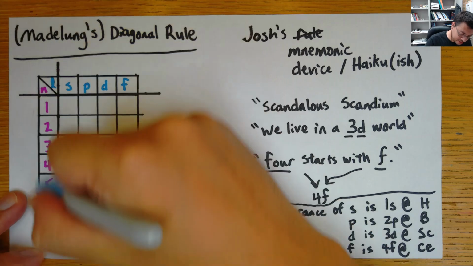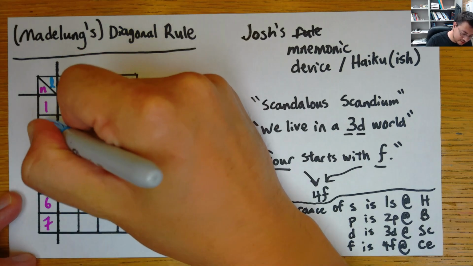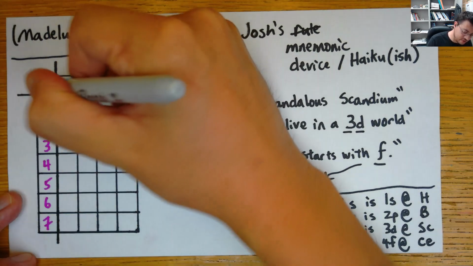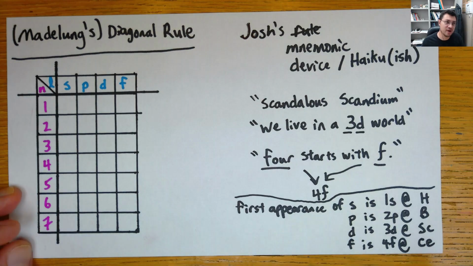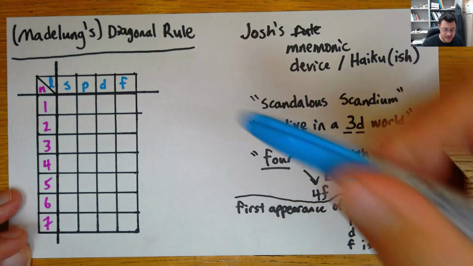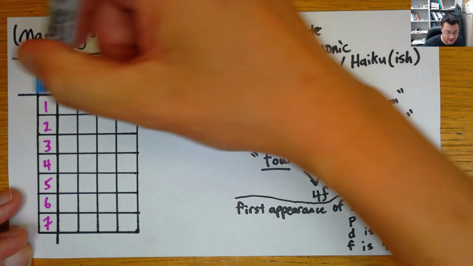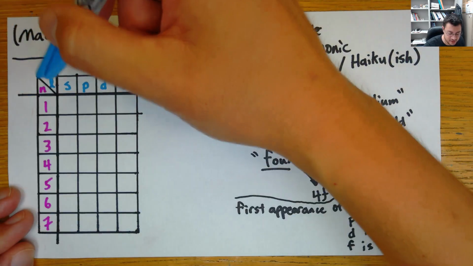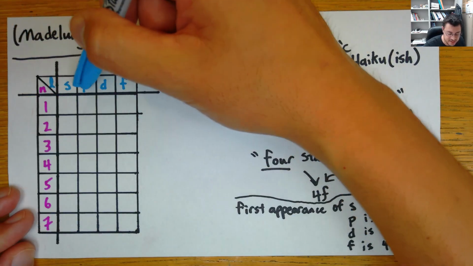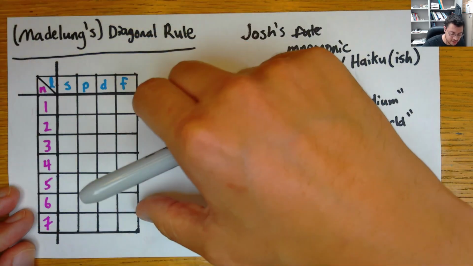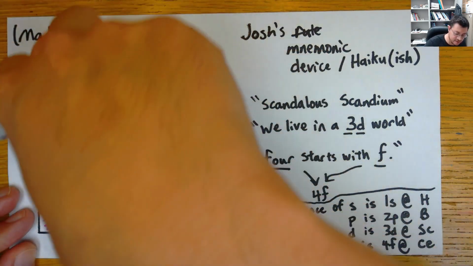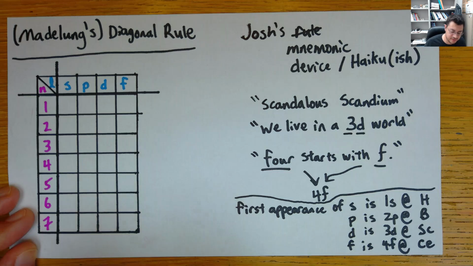For this column, I have labeled 1, 2, 3, 4, 5, 6, 7 for my principal quantum number n. And on the right, I have labeled the columns s, p, d, f. So rows are going to be n's, and the columns are going to be l's.